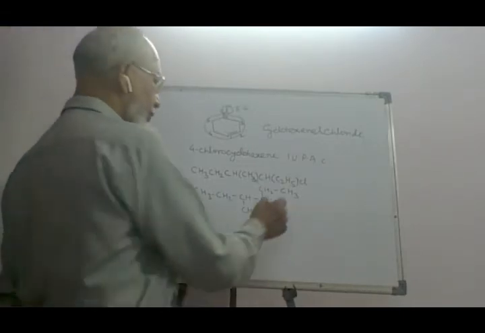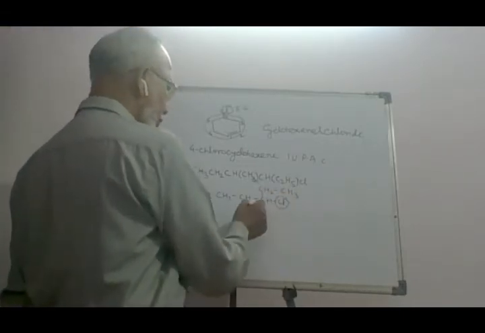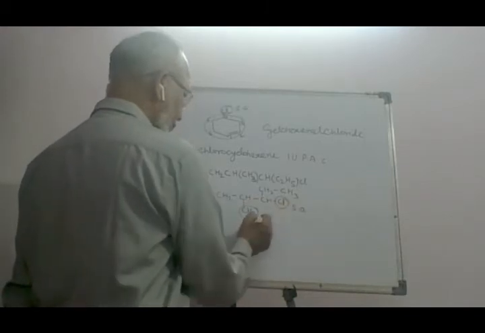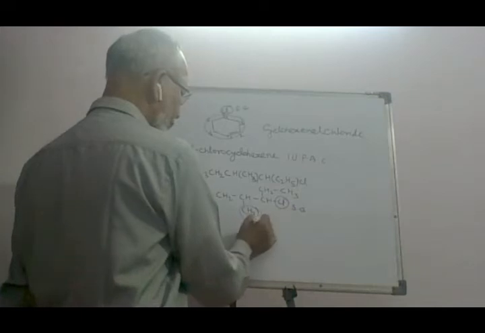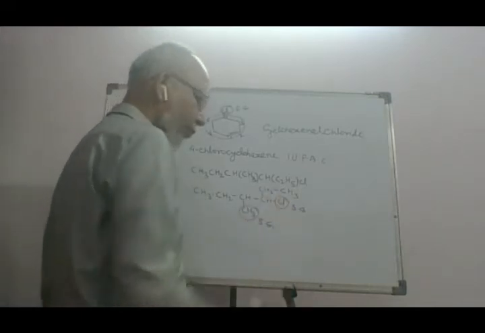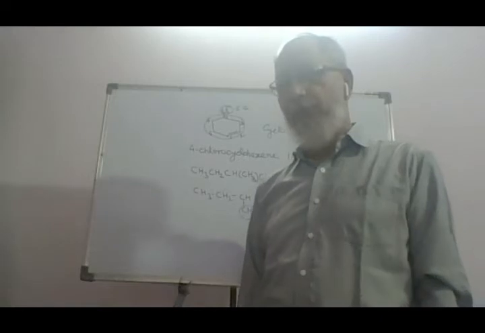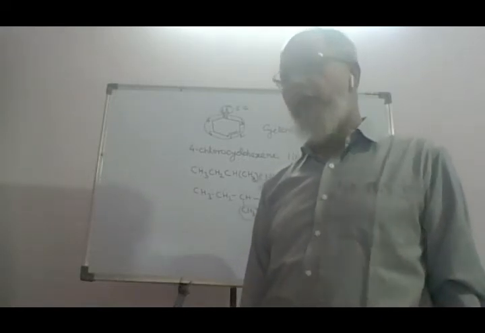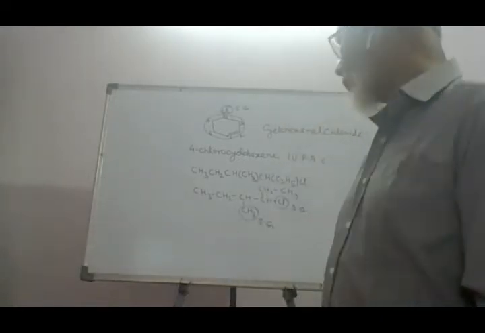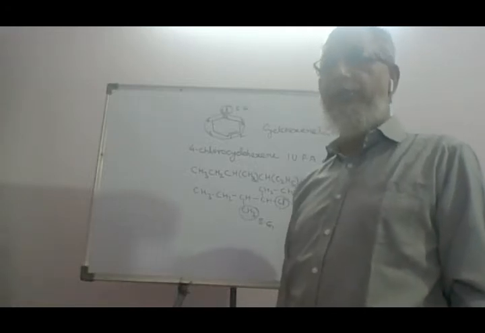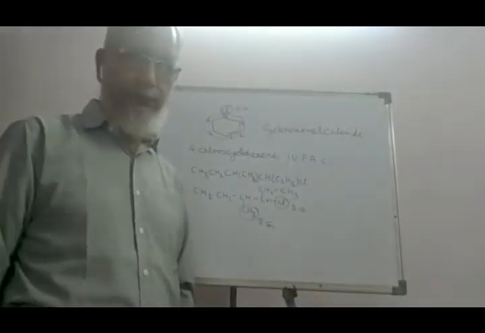There are two substituent groups in this compound. One is the chloro group and the other is the methyl group. But whatever their numbers are, that doesn't matter. First we write the name of the chloro group and then the methyl group, because M comes after C in alphabetical order.